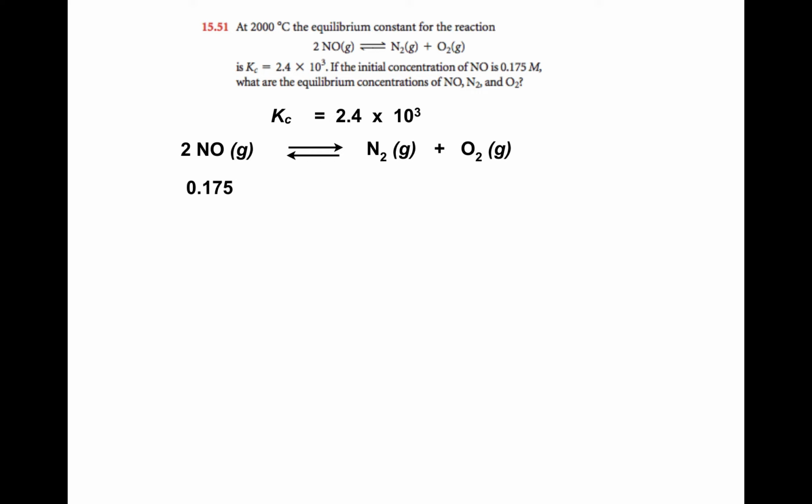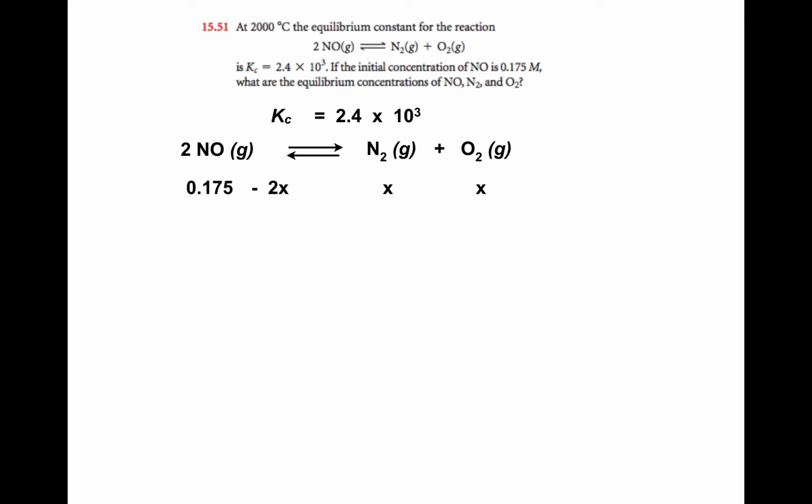I've got a very spontaneous reaction where I have a certain concentration of my reactant, so I expect that concentration to go down and the concentration of the products to go way up. So the question is how much of the reactant am I losing? Well, according to the stoichiometry, for every 2 nitrogen monoxides, I'm making 1 nitrogen and 1 oxygen. So for every 2x of NO lost, I'm making x amount of N2 and x amount of O2.